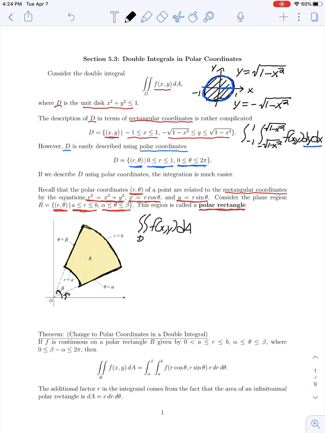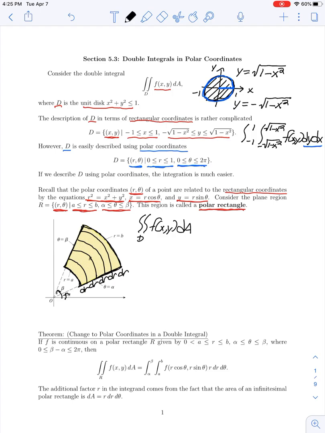If I partition my radial interval from a to b into subintervals, I would get these different segments of arcs of a circle where the distance in the radial direction for each of those segments is equally spaced by a factor dr, a small change in the radial direction.